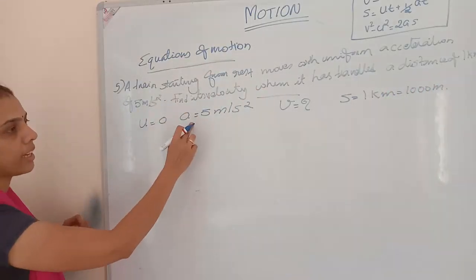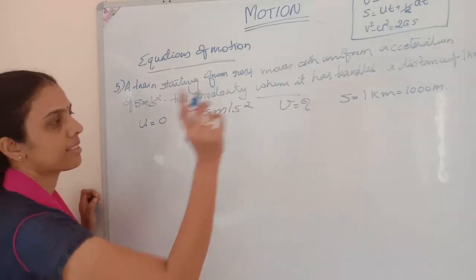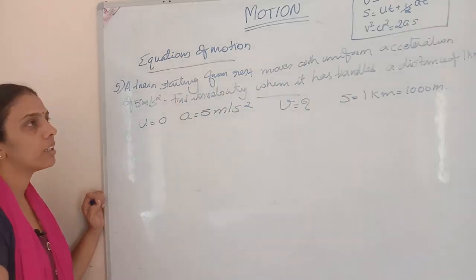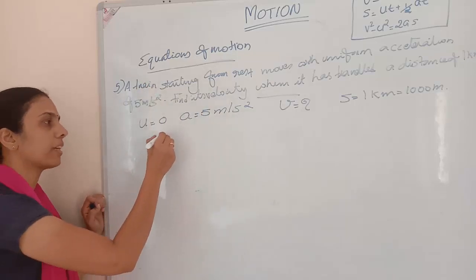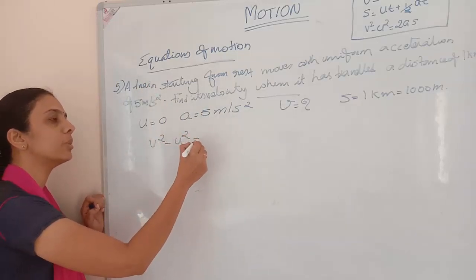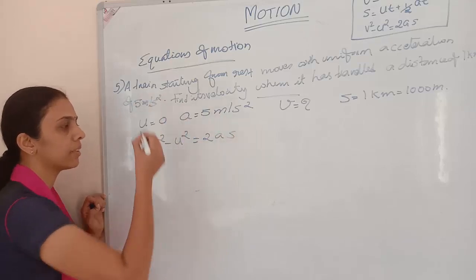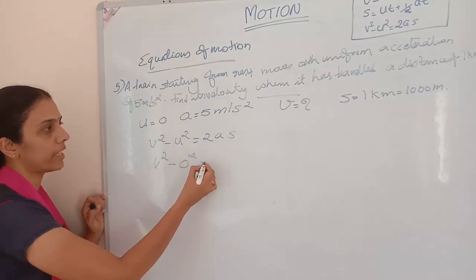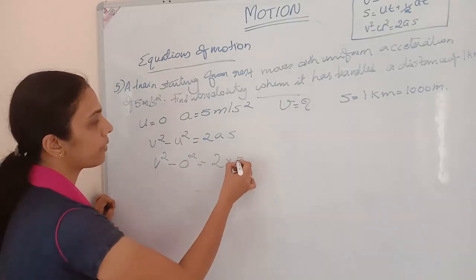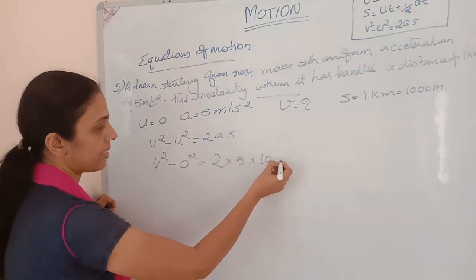So u, a, v, s. Which will be the formula relating all these things? v square minus u square equals 2as. From there, v square minus 0 square equals 2 into 5 into 1000.